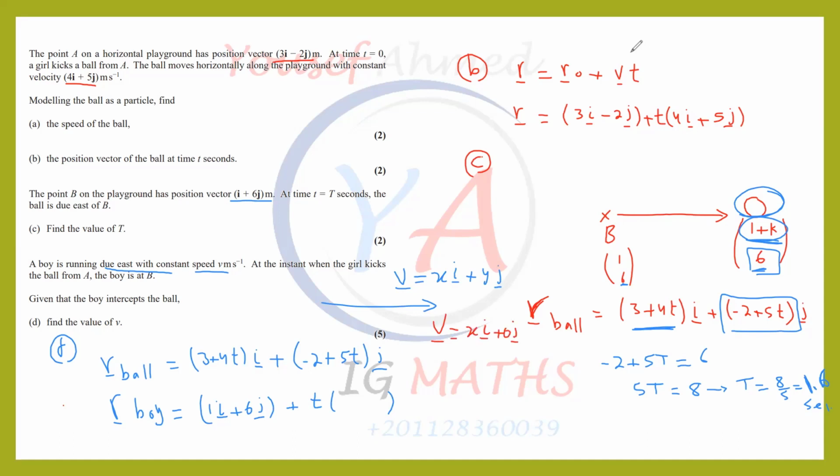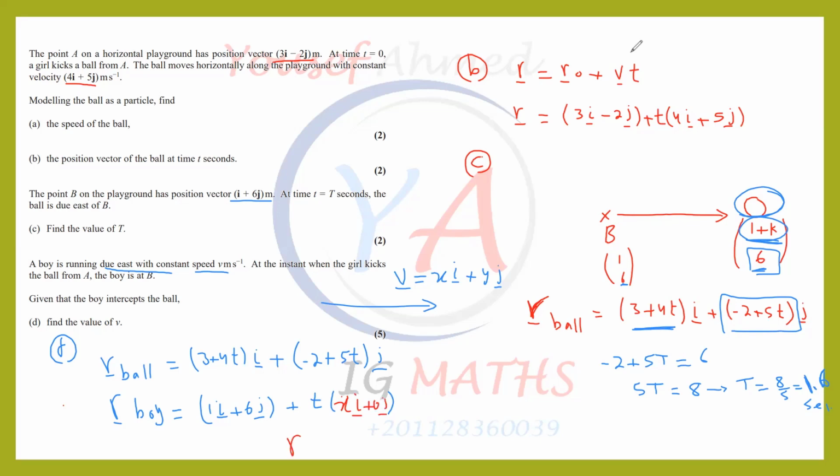So for the velocity, you can write v i, or you can write x i and 0j.